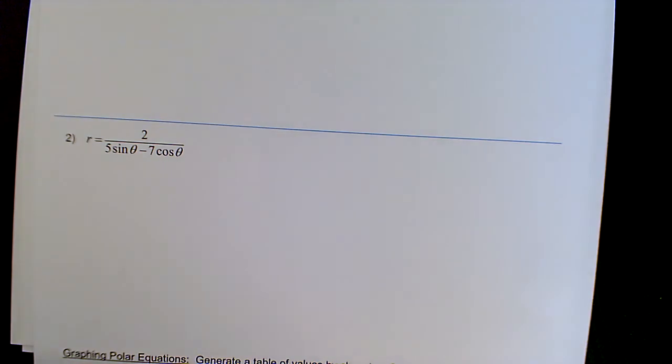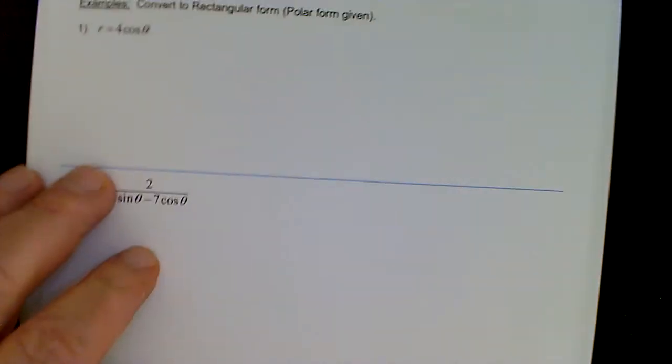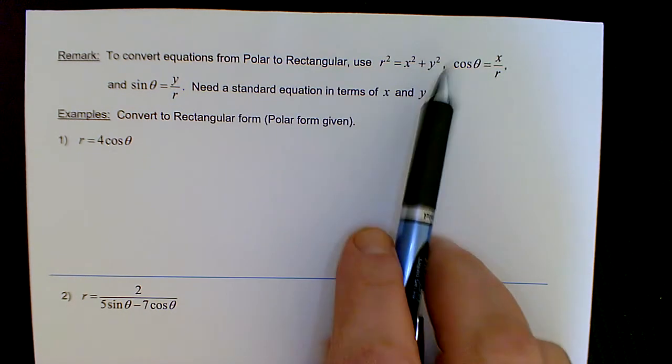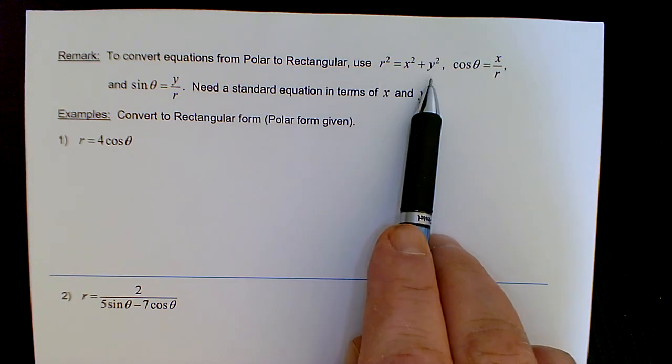rectangular to polar, and I'll go in the opposite direction, converting from polar to rectangular. And we still want to consider the r squared as x squared plus y squared. So if you ever see an r squared around, replace it by x squared plus y squared.